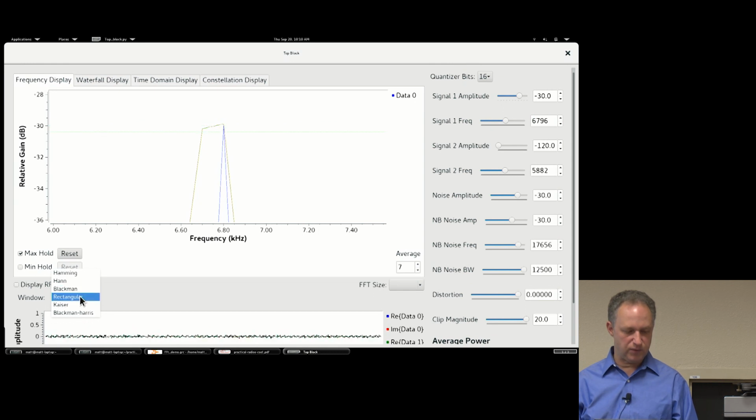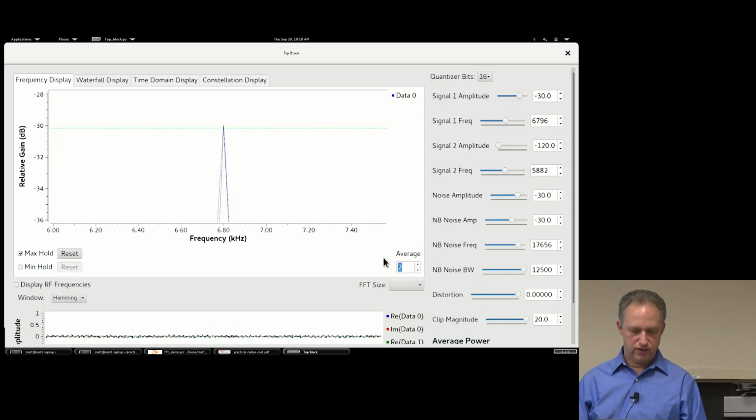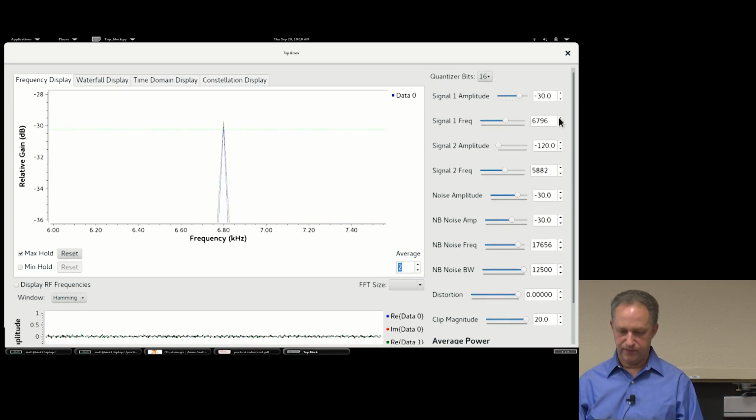So now I'm going to switch windows. That was a rectangular window. Let's say we use a Hanning window, which is more common. Now we can see there's a slightly different scalloping loss as we change the frequency.